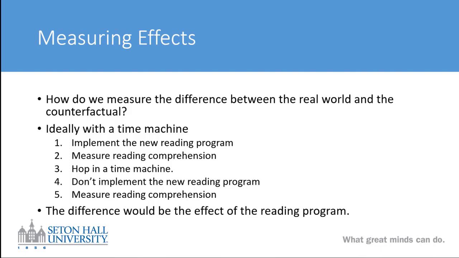So we've measured reading comprehension after the new reading program. Then we hop in our time machine, we go back 1 year, and then we keep the old reading program and measure reading comprehension for those same students. So we would have the measure of the new reading program for students compared to the old reading program for those same students. And the difference between the real world and the counterfactual would be the effect of that reading program.